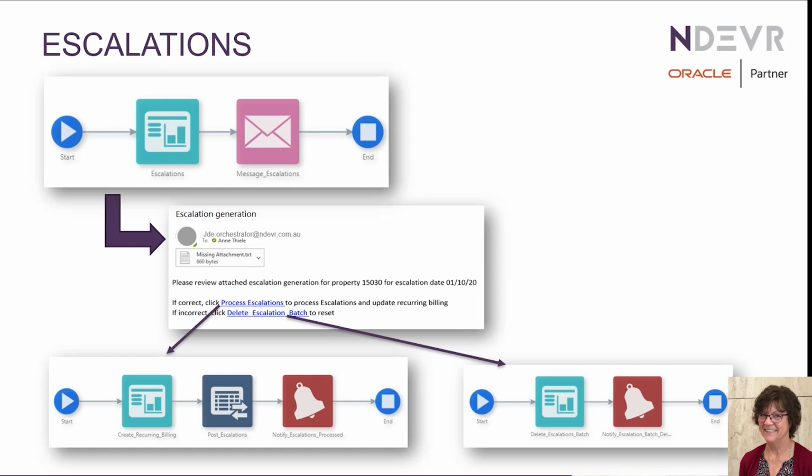Now, the nice thing about the orchestrator is because the parameters can be sent from the orchestration through to the message that is being sent out, or that you've chosen to send out, should I say, through the message, and then they can be sent on to the other processes that follow on. There's no retyping of information.